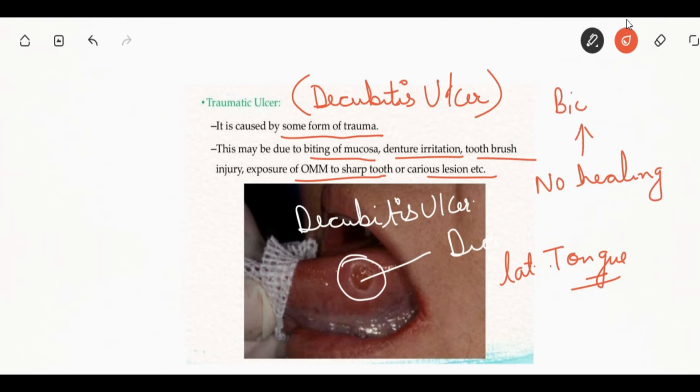How will you manage the traumatic ulcer? The management of traumatic ulcer consists of treating the symptoms. However, the ulcer will heal promptly when the irritant is removed. Next comes the traumatic ulcerative granuloma with stromal eosinophilia, known as eosinophilic ulceration or traumatic granuloma.